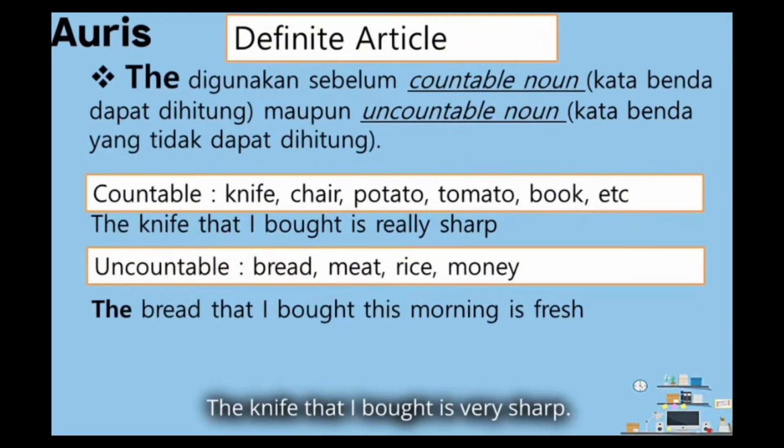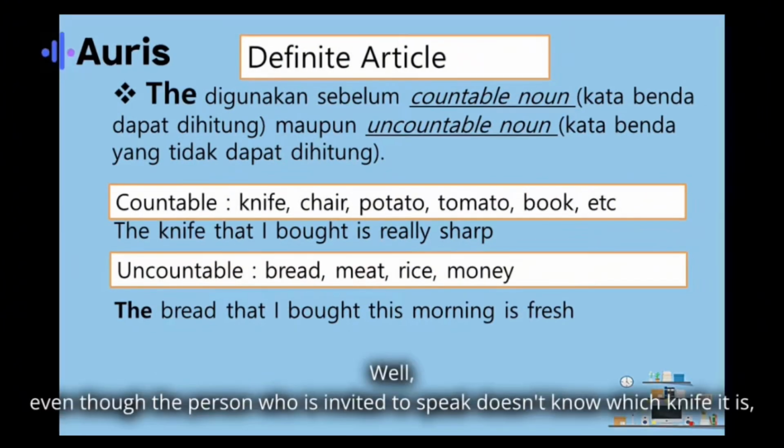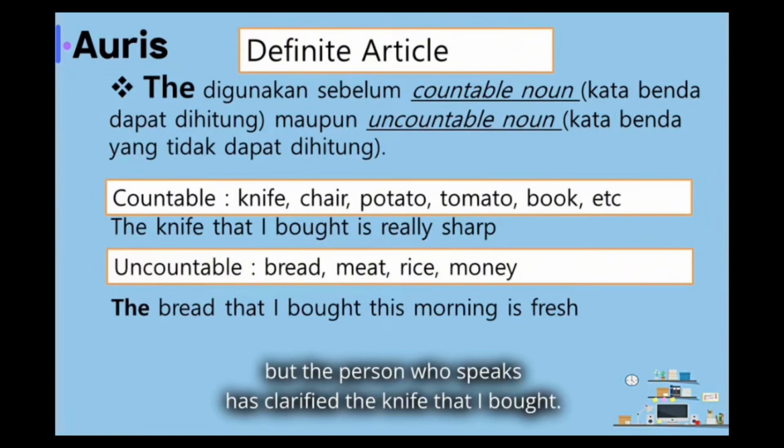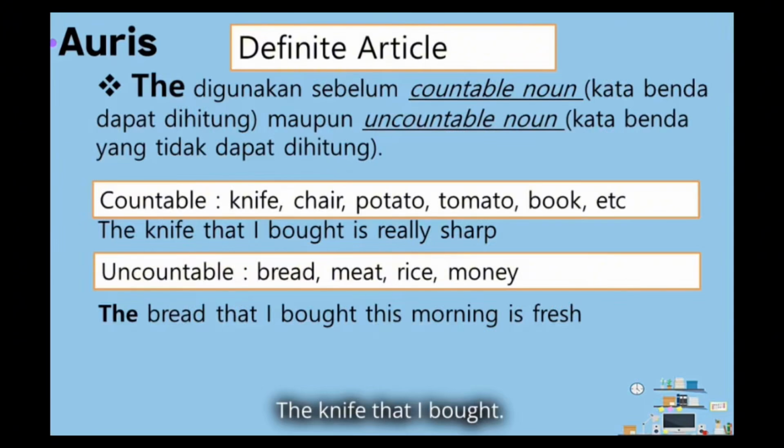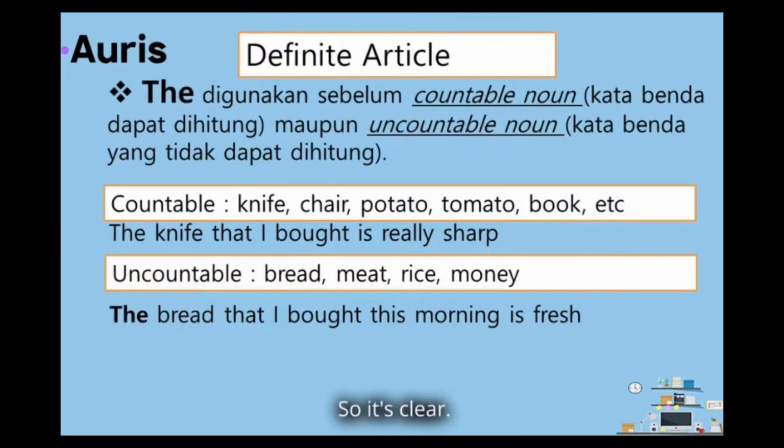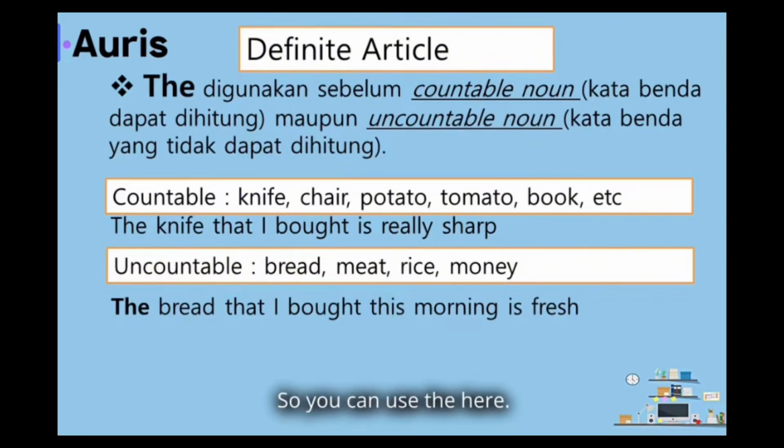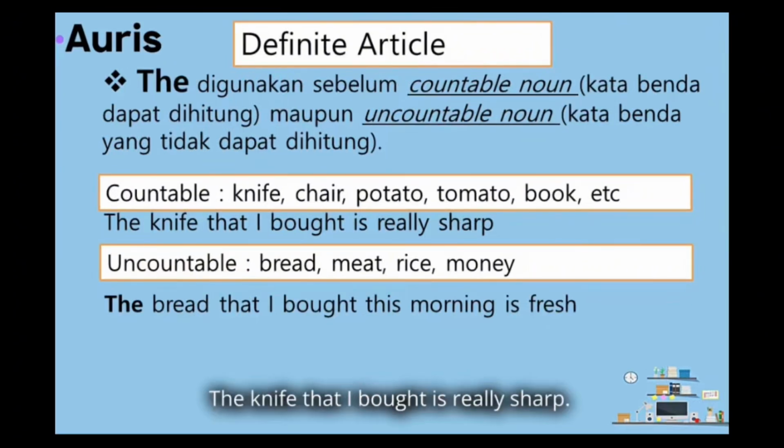The person who is invited to speak does not know which knife it is, but the person who speaks has clarified the knife that Abag has. So it is clear, so you can use the here. The knife that Abag has is really sharp.